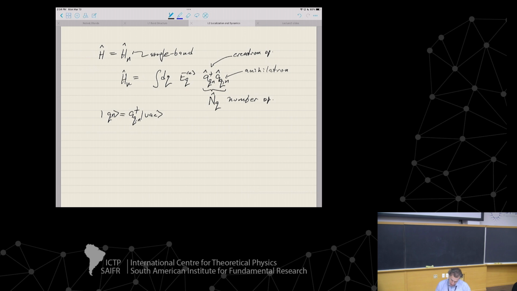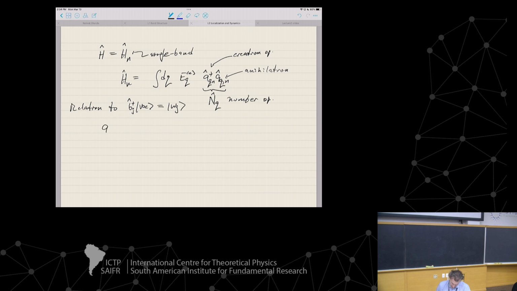So what we're going to do with this now is rewrite this in the Wannier basis. What is the relation to the other kind of thing I might have, where I want to create a localized particle from the vacuum, a particle at Wj? Well, these two operators have a conjugate form.